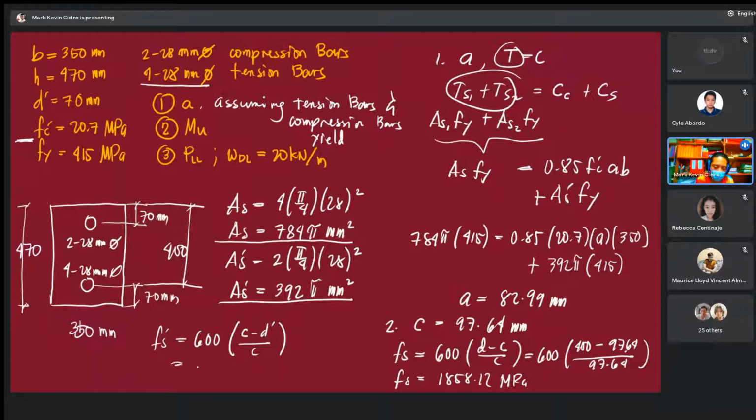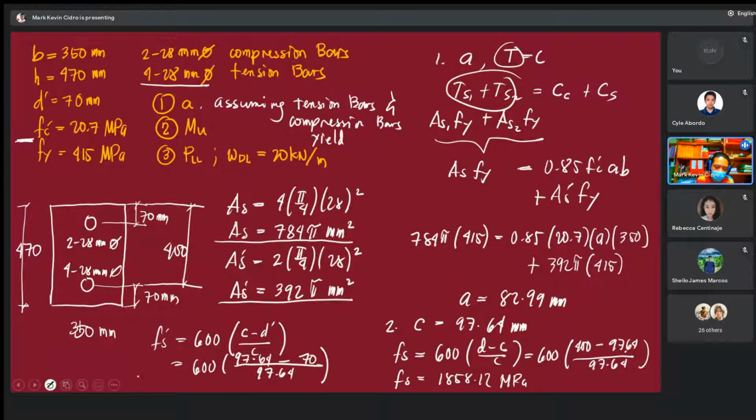Your Fs prime is therefore equal to 600 multiplied by your C, which is again 97.64, minus your D prime, which is 70, all over 97.64.